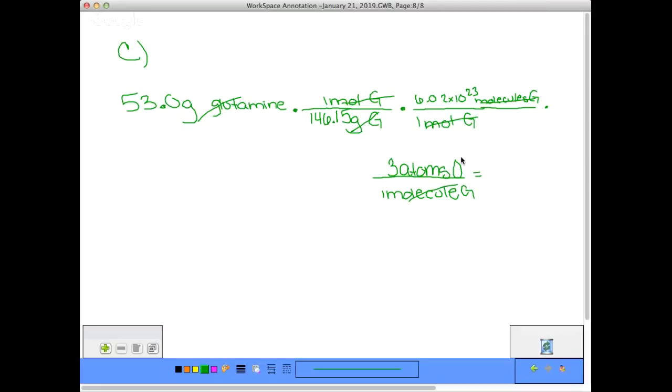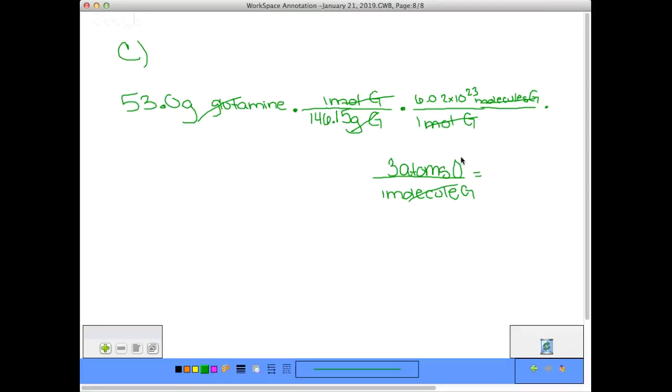atoms of oxygen. So if I were to calculate this, and let me bring out my calculator because I have not calculated this one yet. If I have 53 times 6.02 to the 23rd, whoops, that was not the right one. Let's see, 53 times 6.02 to the 23rd.